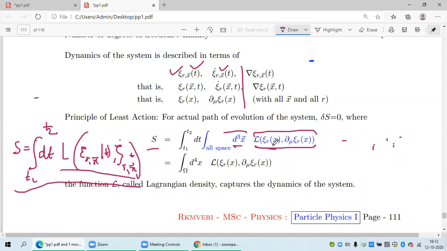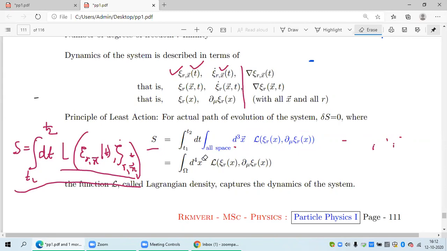The effect of taking all possible x's, you are taking in here in this way. Does it make any sense to you? Please look at this equation.